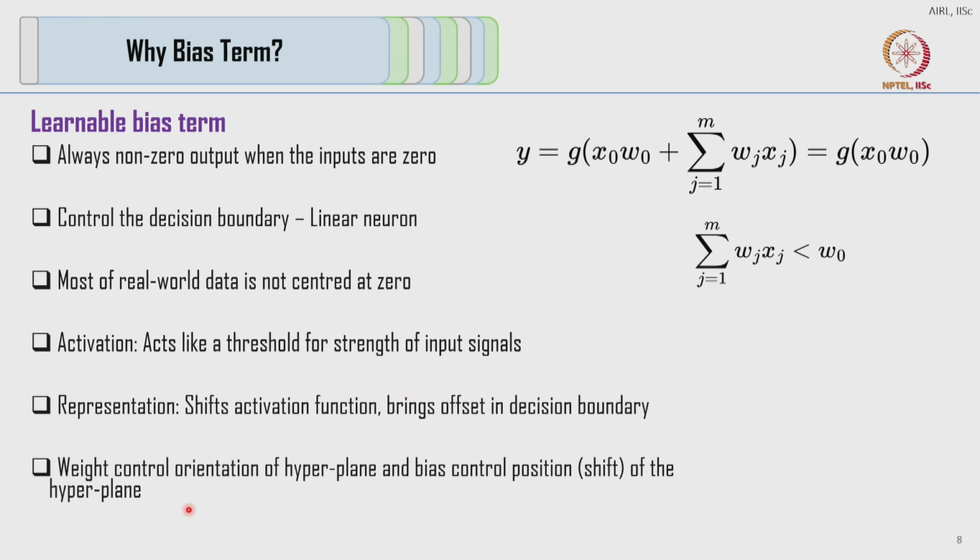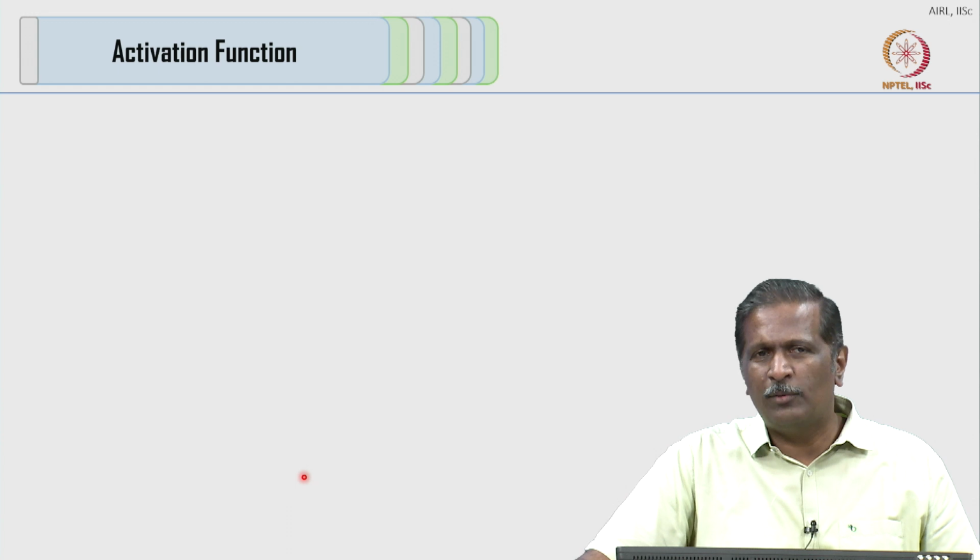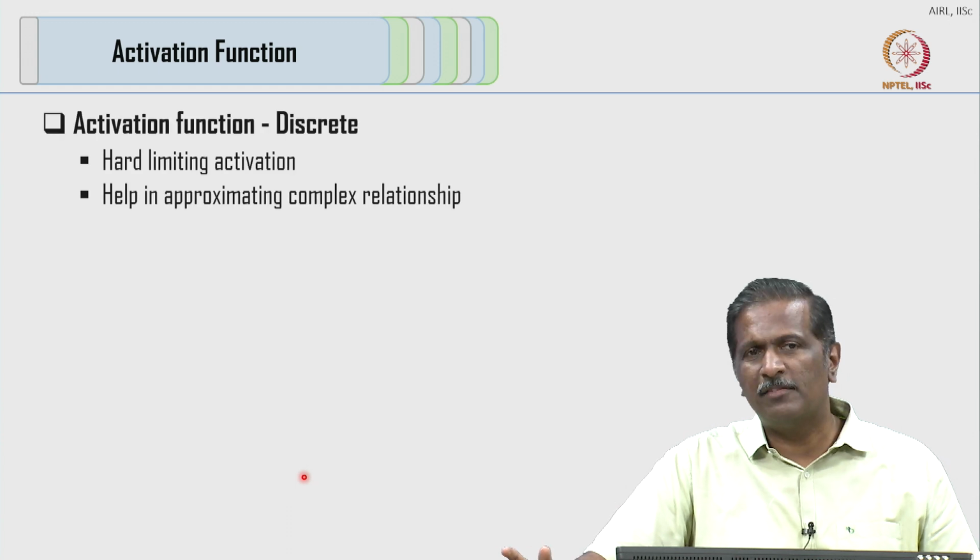The bias shifts the decision boundary, and your weights control the orientation of the decision boundary. So bias is very important for a neuron. Now, we talked about bias and weights, but one important aspect is the activation function.